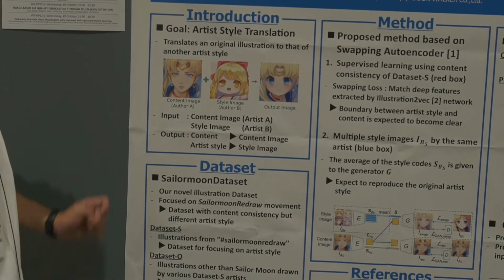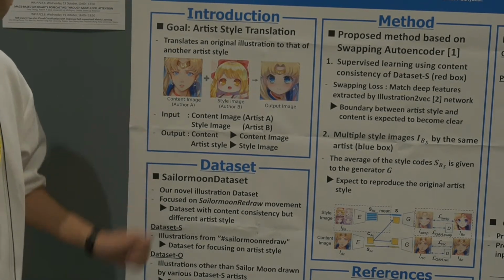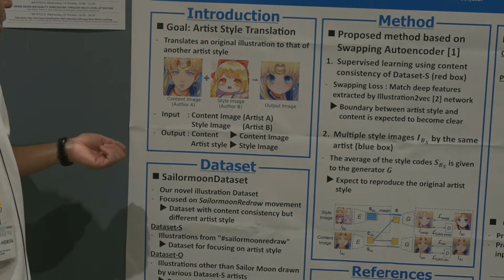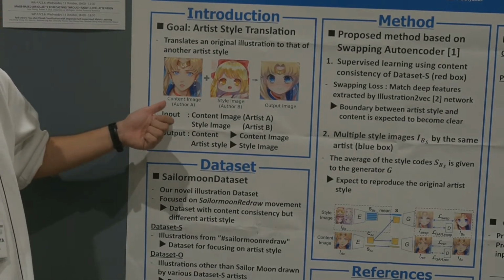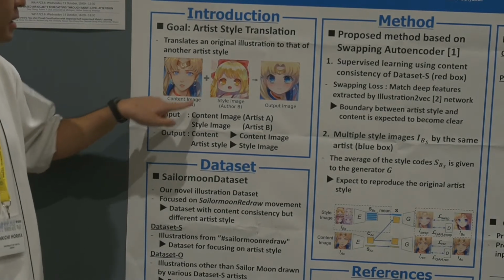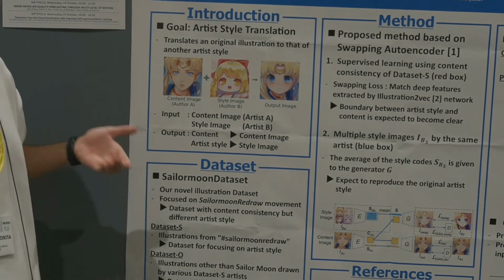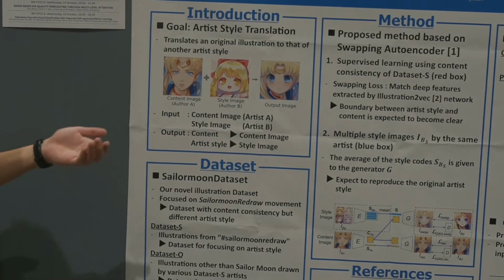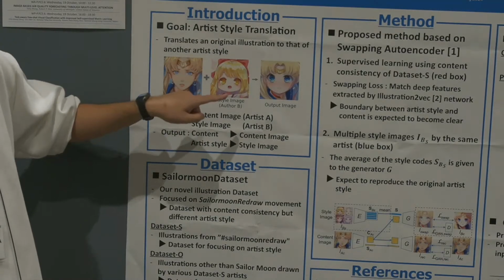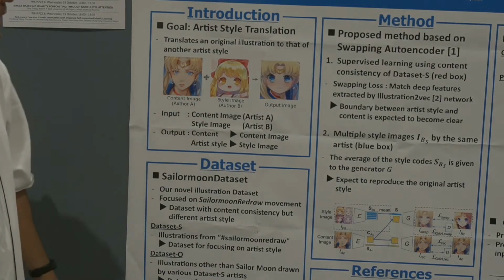Artist style translation aims to translate an original illustration to that of another artist's style. In our paper, we define content images and style images. Content images are just Sailor Moon, which is the most famous animation in Japan, and style images are using other than Sailor Moon.